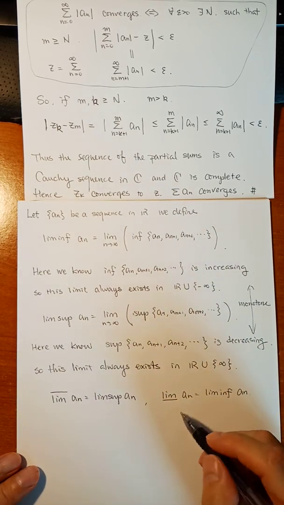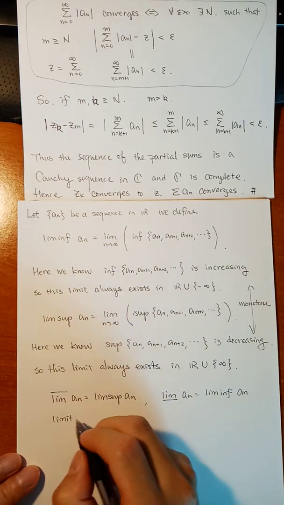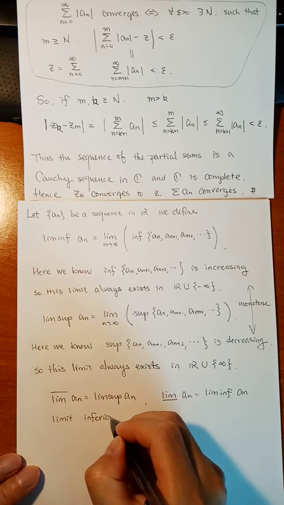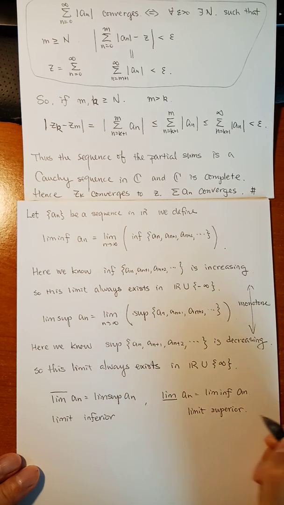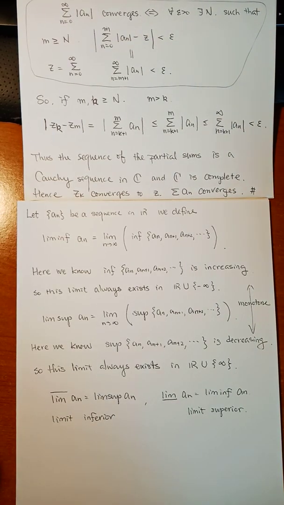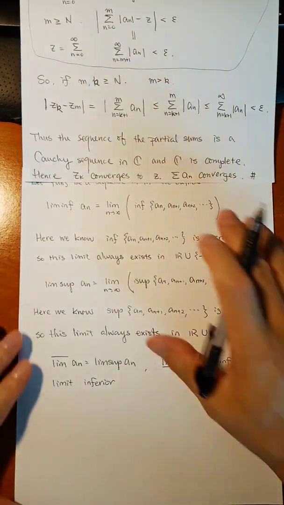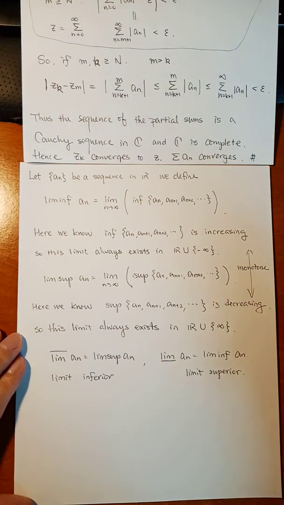So that's a different notation: limit inferior and limit superior. Okay, so that's the basic stuff. So we have the convergence, absolute convergence implying convergence, and the lim inf and the lim sup definitions.